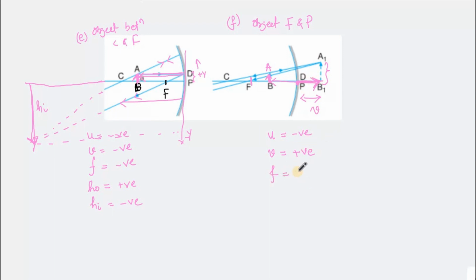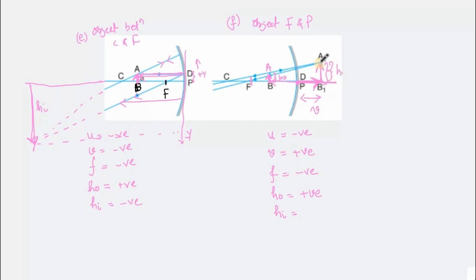Next is focal length. Focal length of a concave mirror is always negative. That's a constant for all of these. So the height of the object here is again along the positive y-axis. So height of the object is positive. And the image is a virtual image and it's erect and it's lying above the principal axis.